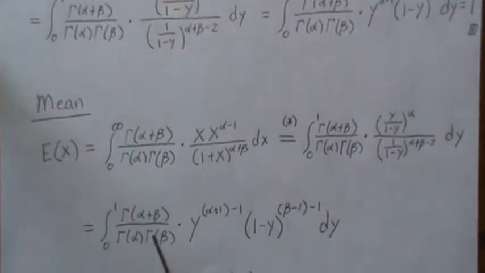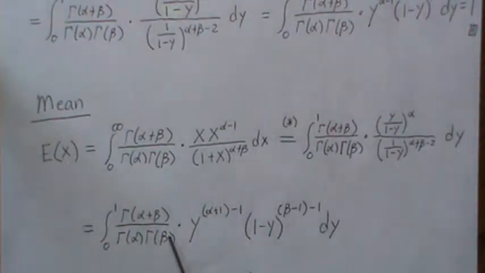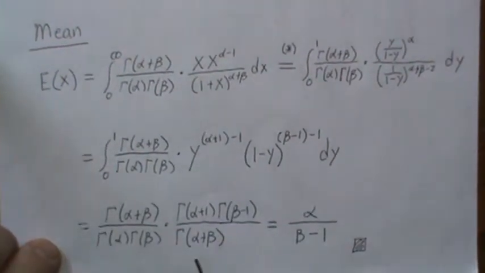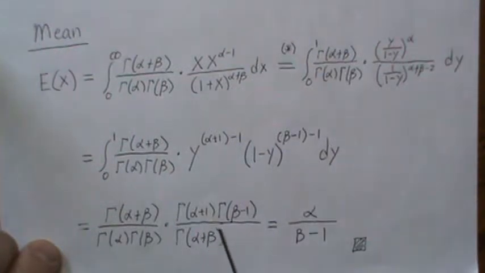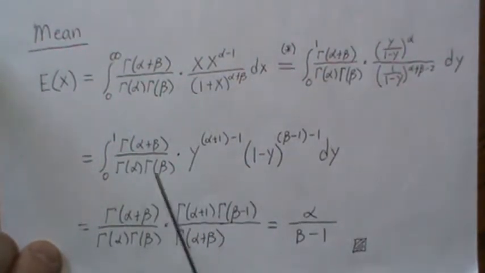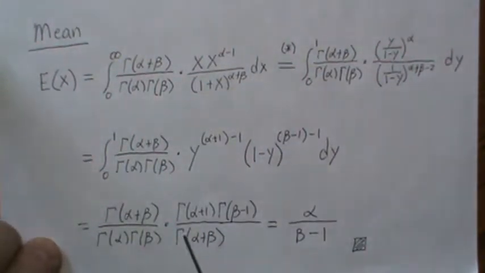So this is constant, so we pull it out and we're left with just this piece. If we had the constants in front, then it would integrate to 1. But since we don't, it's like the reciprocal of those constants, and that's what we get here. So this piece integrates to that. This just comes down. Now the properties of a gamma distribution, I have a video on that if you want more detail.